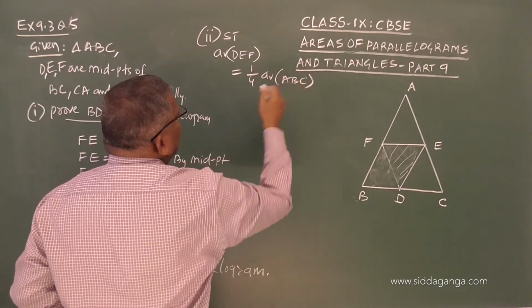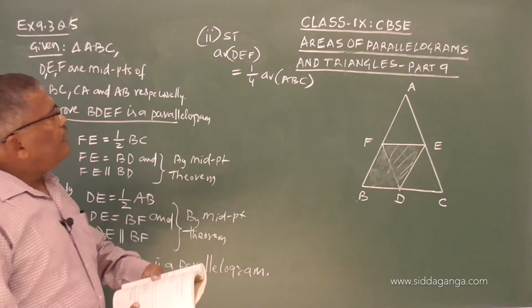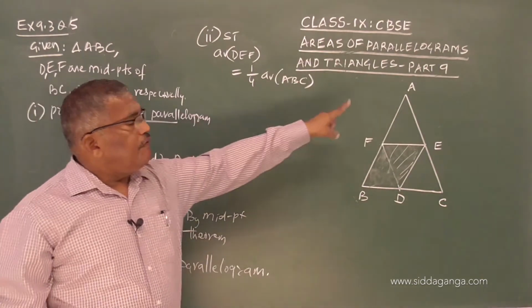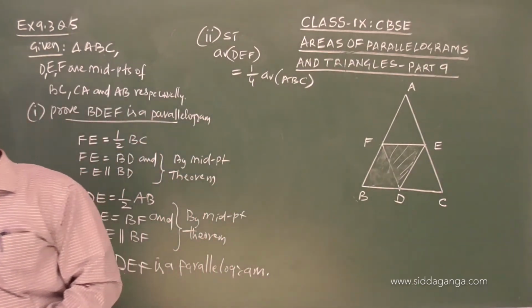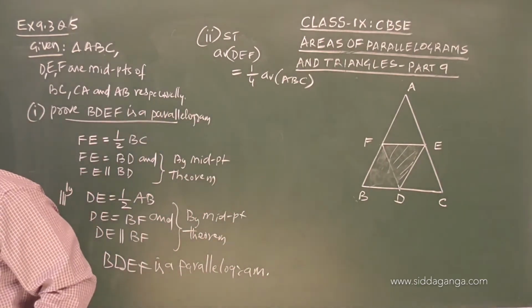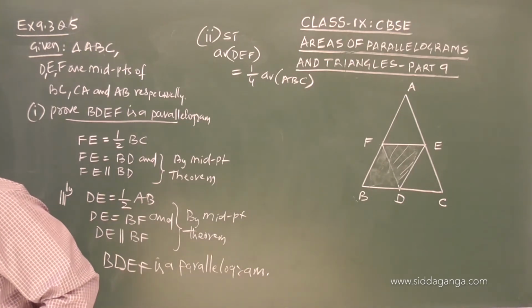So area DEF is equal to 1/4 of ABC. This we have to prove.